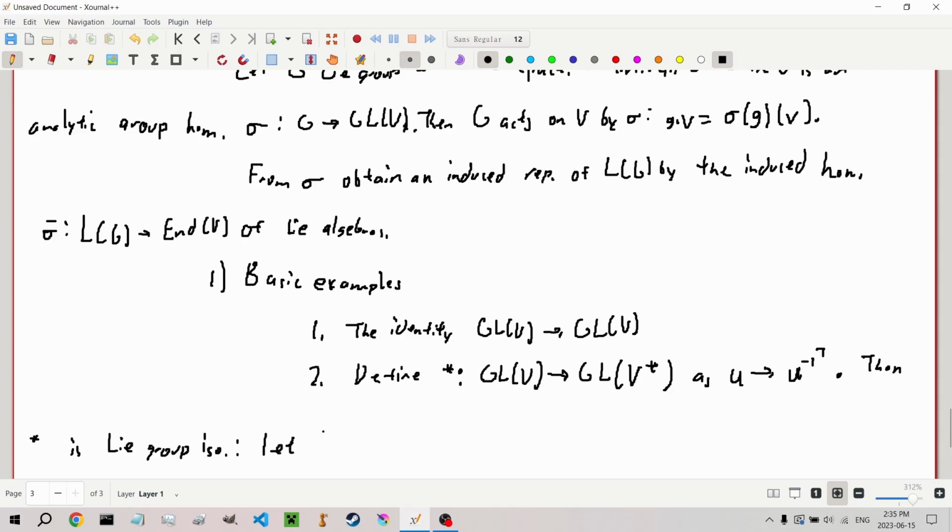We're going to let 1 be the identity of V and 1 star be the identity of V star.